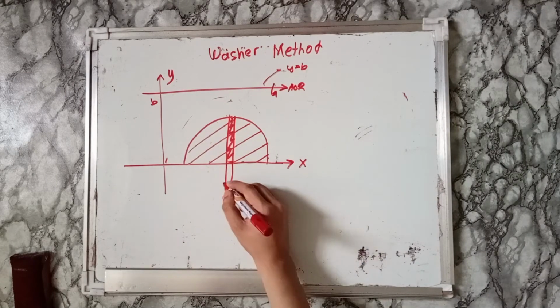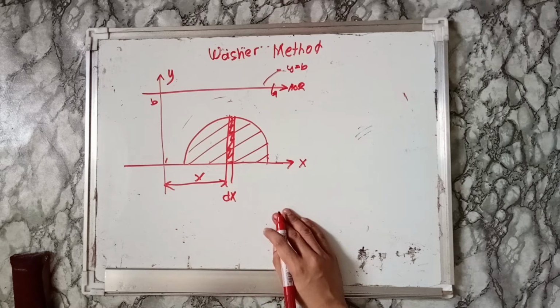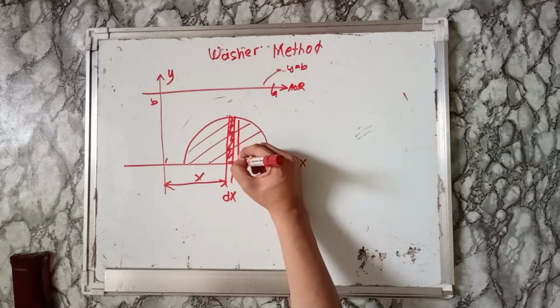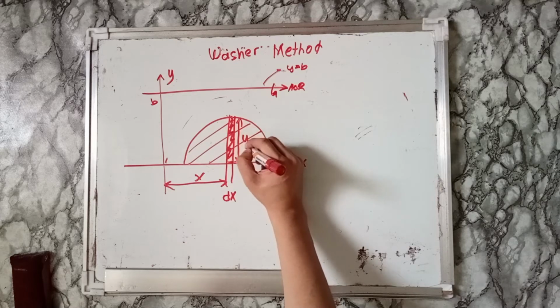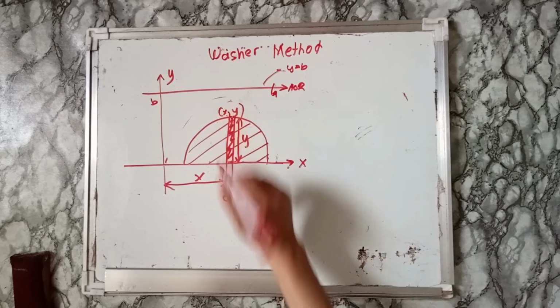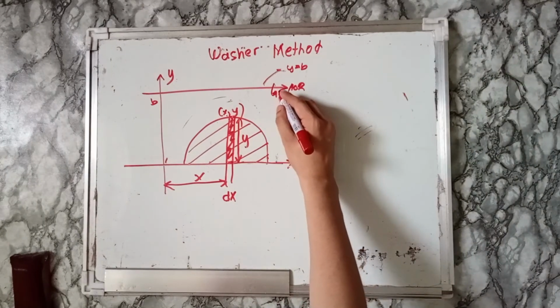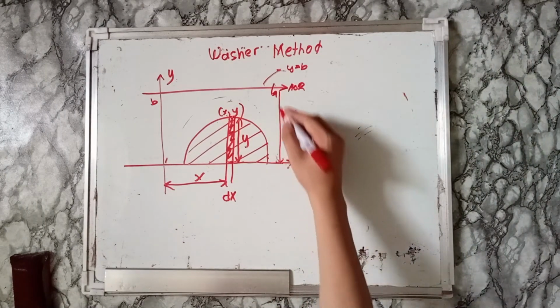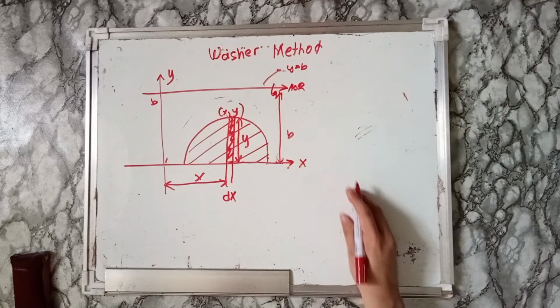This is dx. This is our x. And of course our height, the height of the vertical strip. Our point here, let's label this as x and y. And the distance of the area of rotation from the x-axis is b.